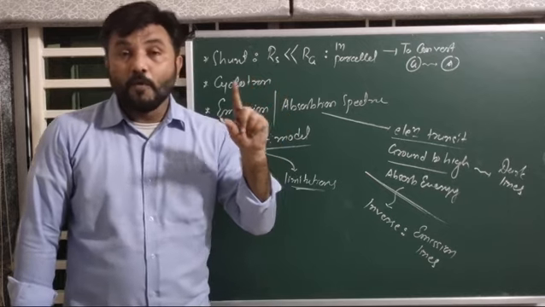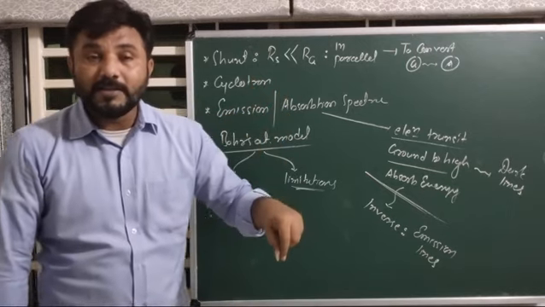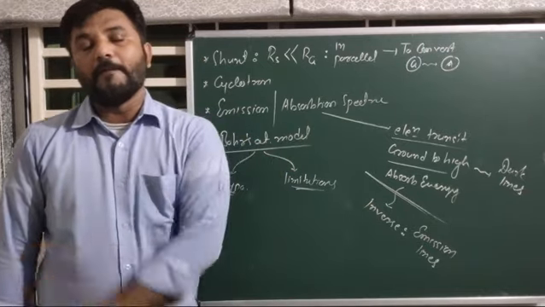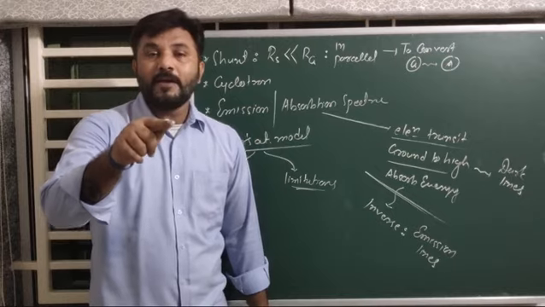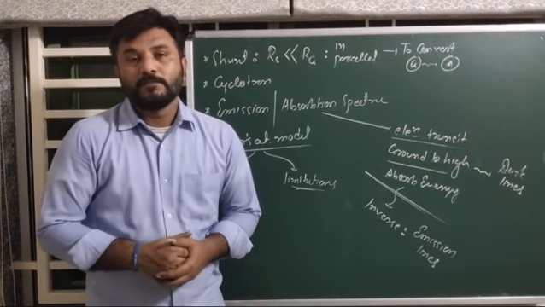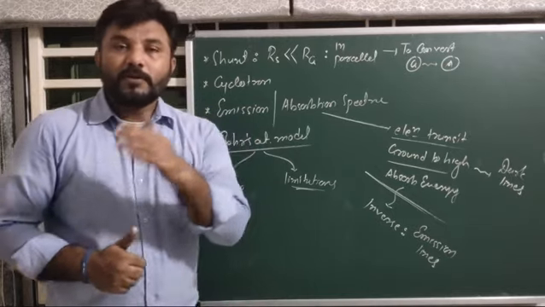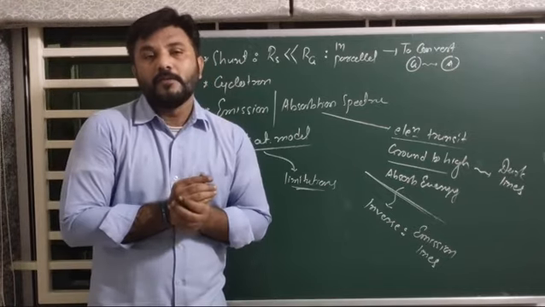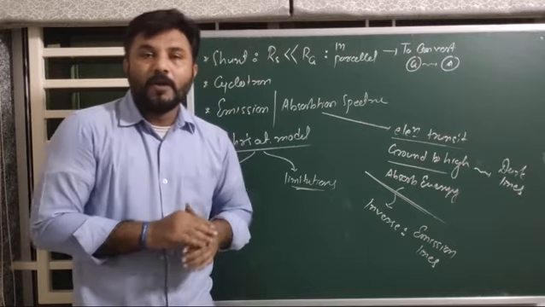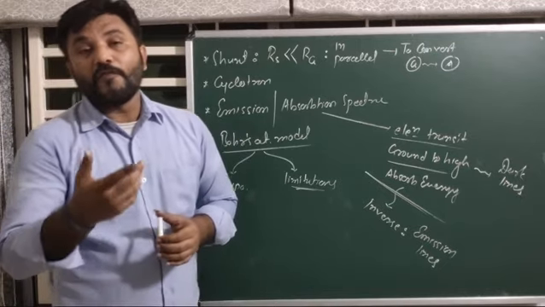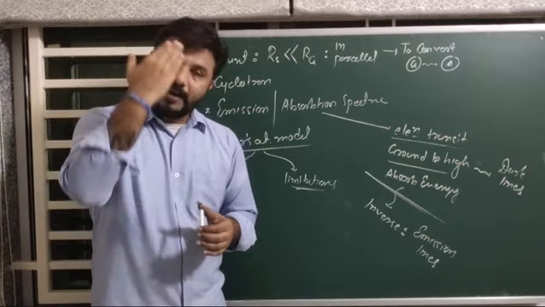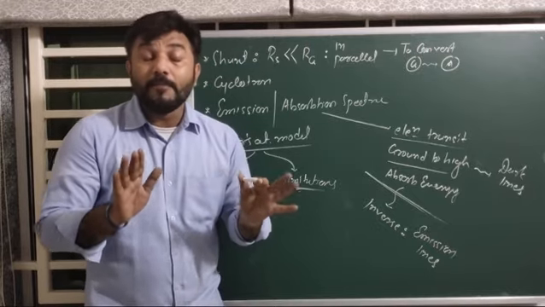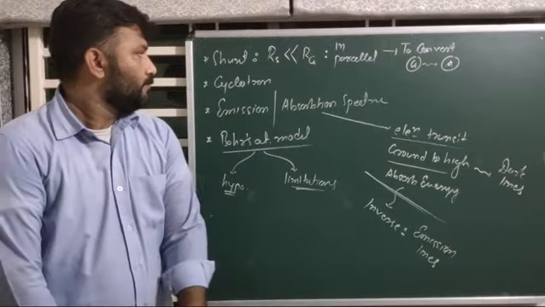Limitation number 3: Bohr atomic model does not give information about how electrons are distributed in those orbits. Fourth is the shape of the orbit. Bohr atomic model fails to give the shape of the orbit. At the time, the orbits were considered circular, but they may be elliptical. Okay?